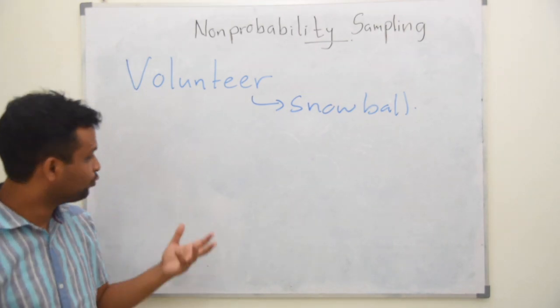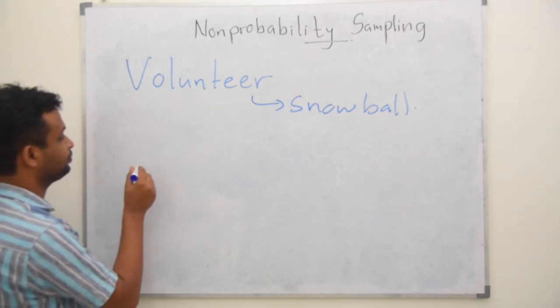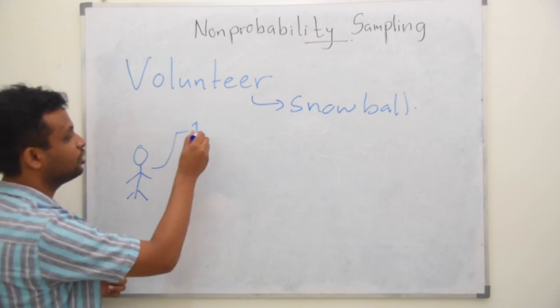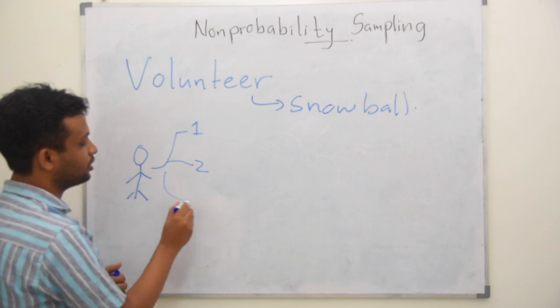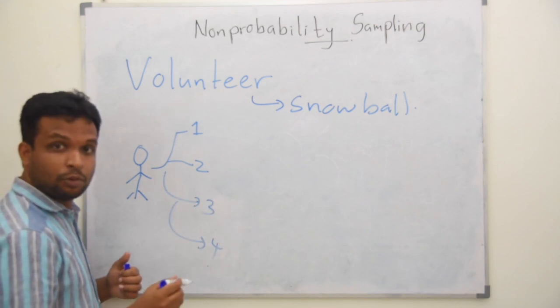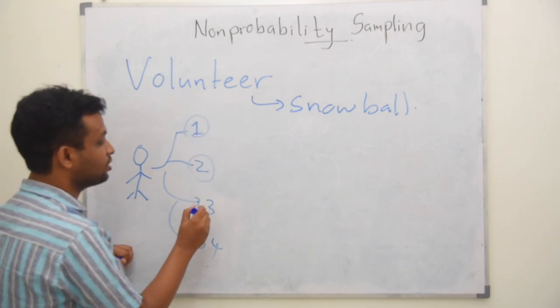We can find at least a few commercial sex workers. So you are the researcher here and you ask a few commercial sex workers to participate in your research. But probably there should be a network among the commercial sex workers.